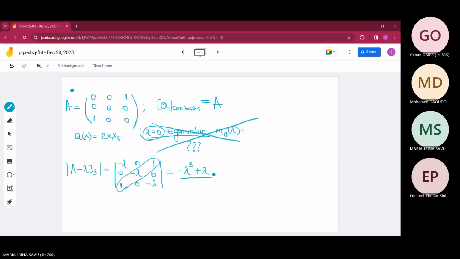So you have lambda times 1 minus lambda times 1 plus lambda. So the actual form of A is 0, 1, and minus 1.